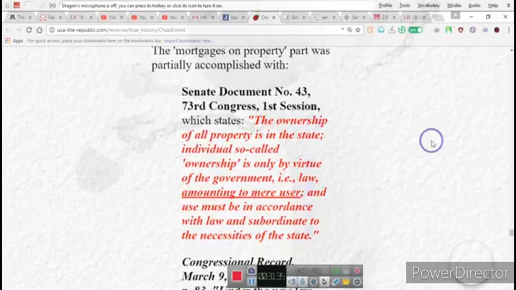The state recognizes this UCC. You file UCCs. Wait, if you can tell me that you don't file UCCs in this county, then I'll by all means walk away. Ladies and gentlemen, you can get a writ of mandate from the Superior Court forcing them to file. Okay? Really is that simple.